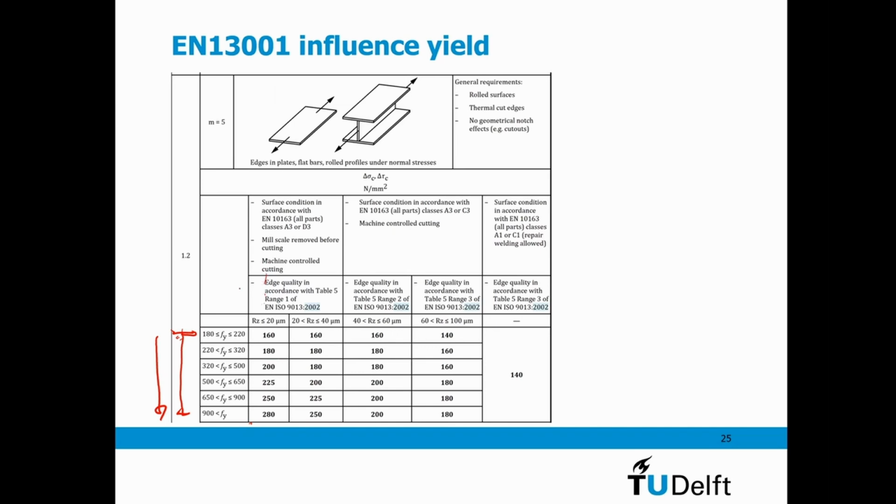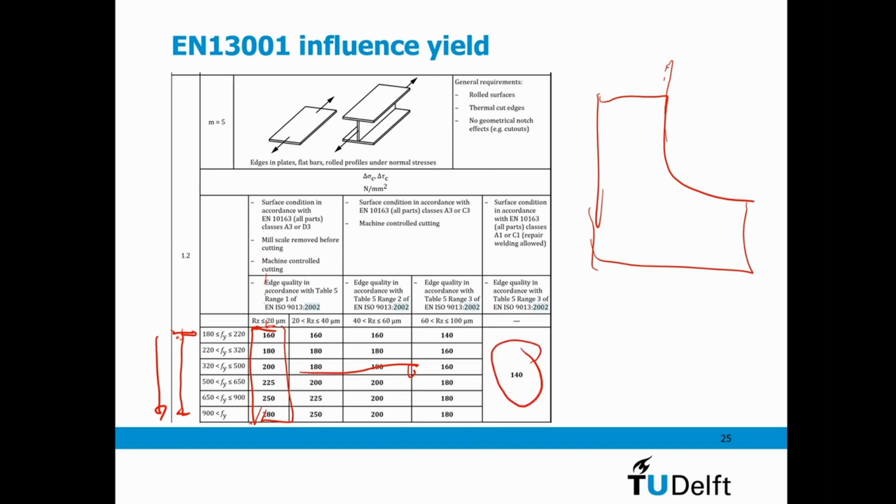If the surface condition, the variation, is less than 20 micrometers, then that is considered very polished. Then I have this curve. And if I have more coarse, or for example, if I have a plate which I do not laser cut, but just thermal cutting, then I always have a lower grade limit of 140.